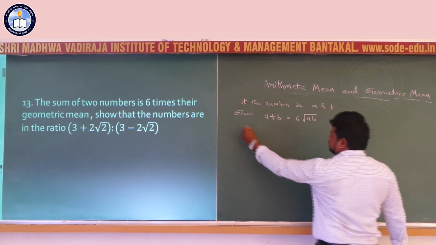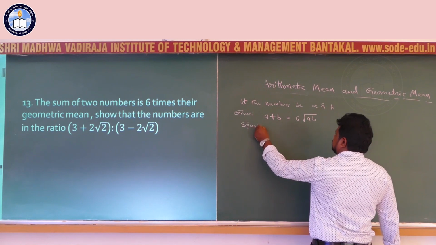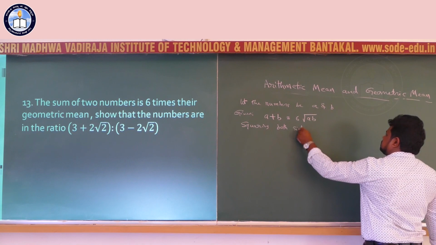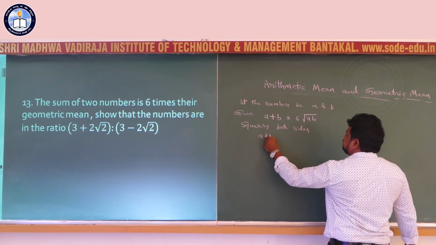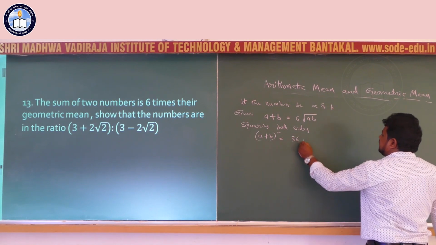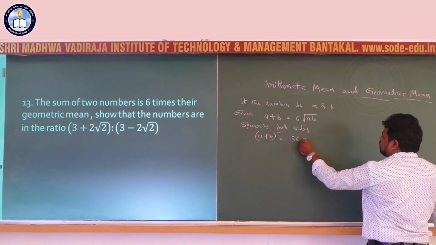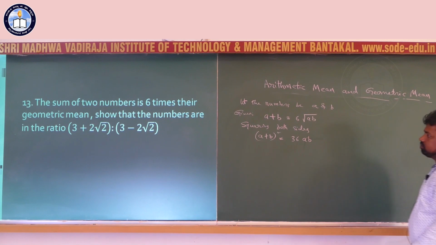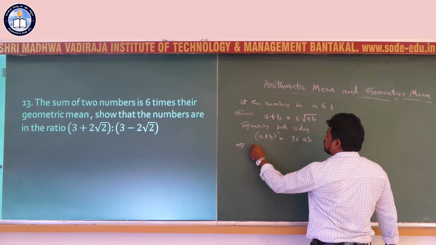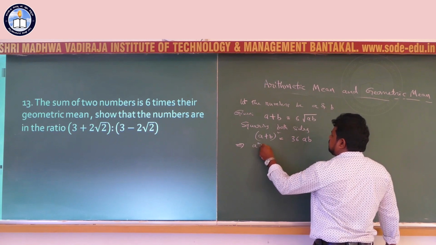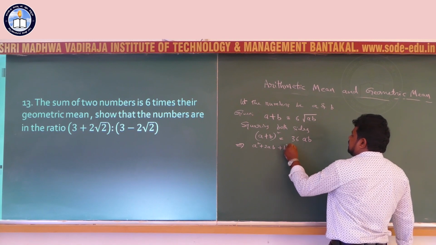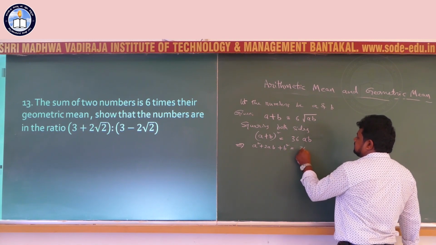Squaring both sides, A plus B whole square equal to 36 times square root of AB whole square, that is AB. It implies A square plus 2AB plus B square equal to 36AB.